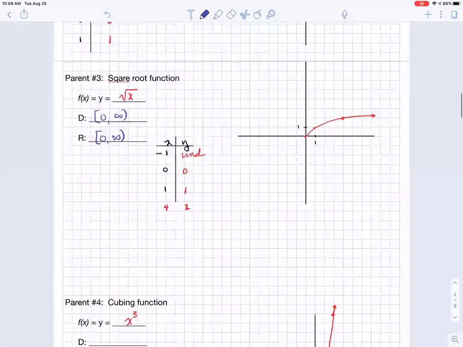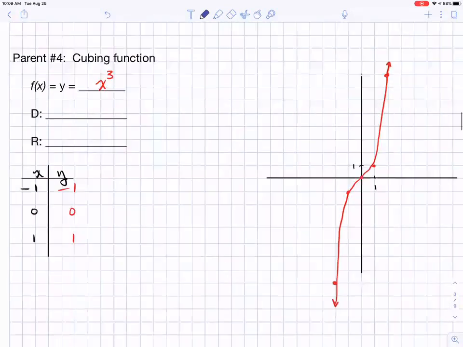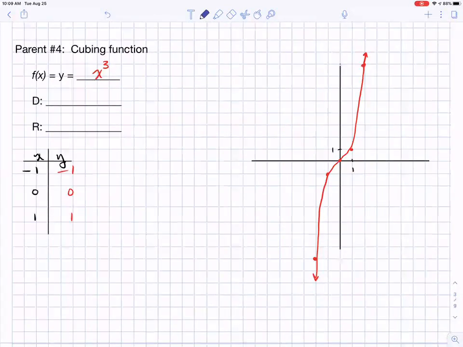Okay. All right. Cubing function. Not Cuban, but cubing. Okay. Leftmost value. What am I using? I can't tell if that levels off or not. Okay. So since we can't tell if it levels off, let's use numbers. What's a -2 cubed? -8. Now you might need a calculator for some of these.